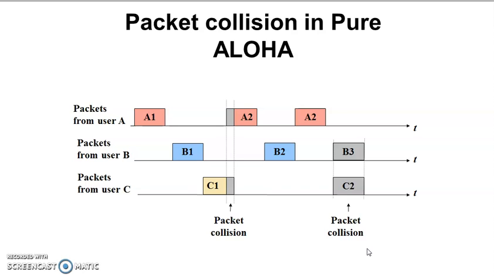If a collision is detected, then we can retransmit that particular packet, packets A2 and C1. If the collision is detected, the lost packets, A2 or C1, will be retransmitted.